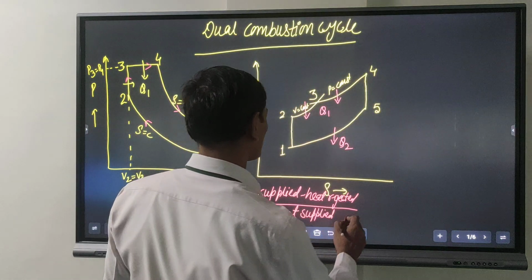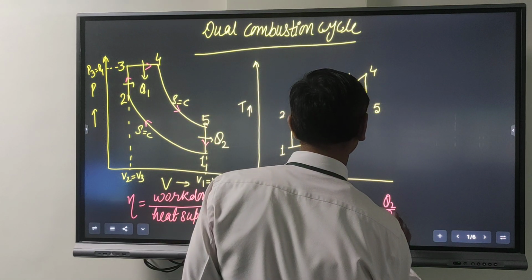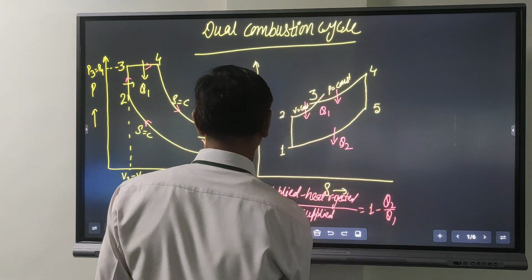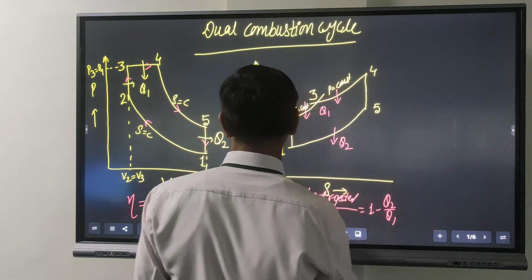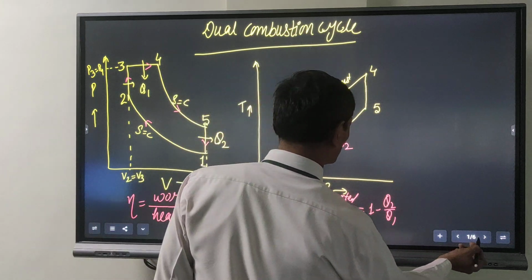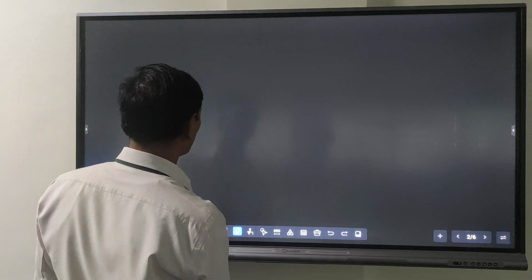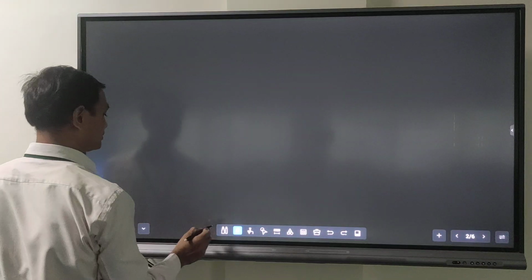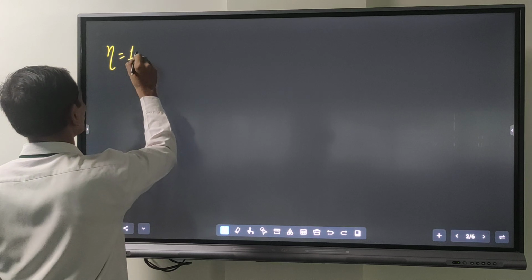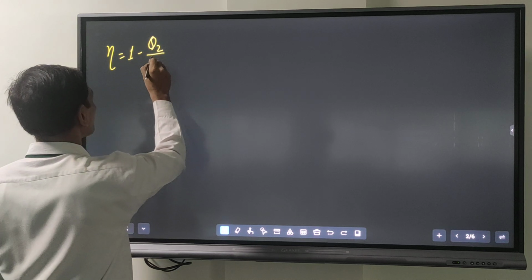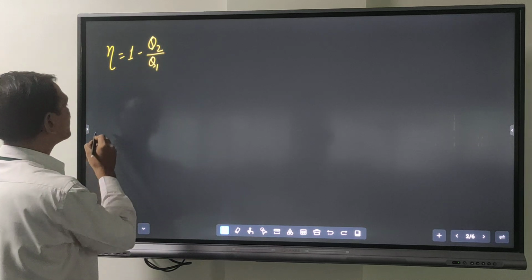So here we can write efficiency is equal to 1 minus Q2 upon Q1. Now we have to find the values of Q1 and Q2.